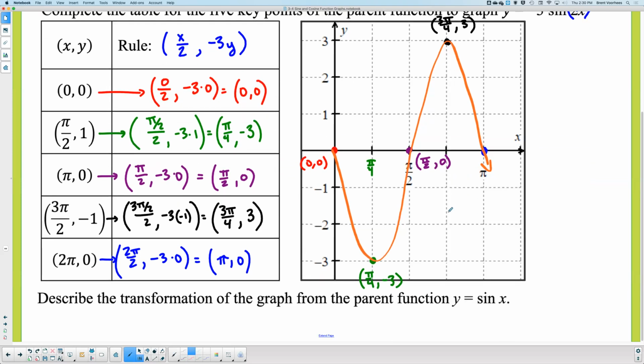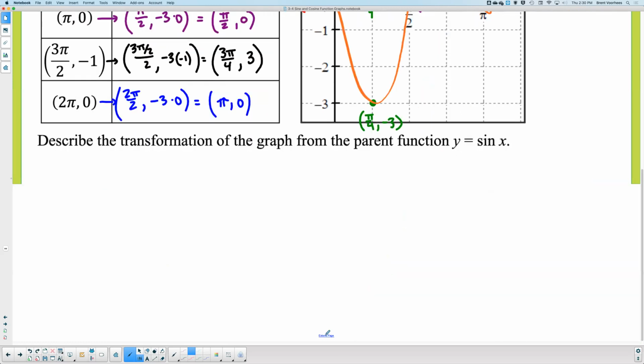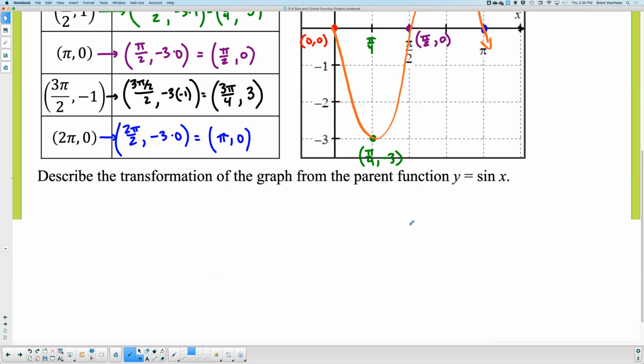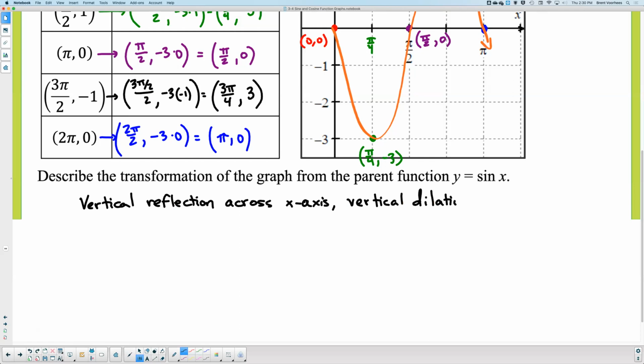If you look at this, going in order of the equation, you have a vertical reflection. Let's go ahead and write these in. We have a vertical reflection across which axis did you say? X. When you reflect your y's, it actually goes across the x-axis. We had a vertical dilation. That means we multiplied the y's. How much did we multiply the y's by?